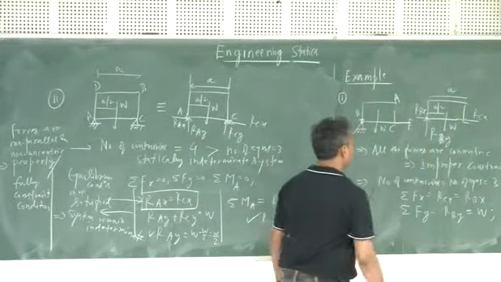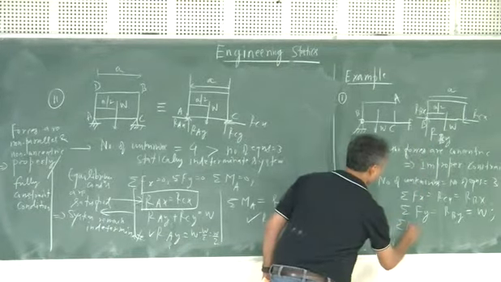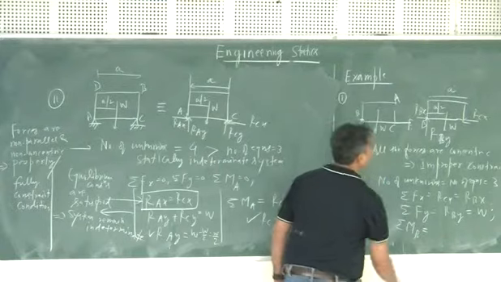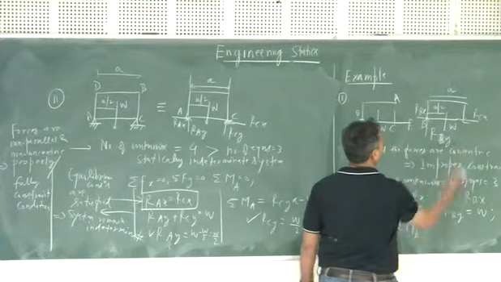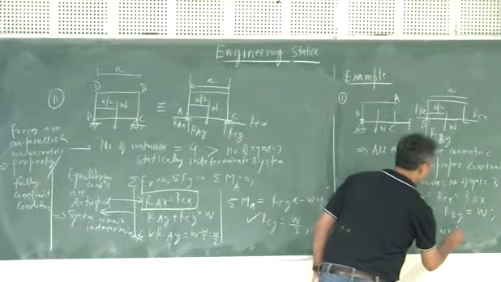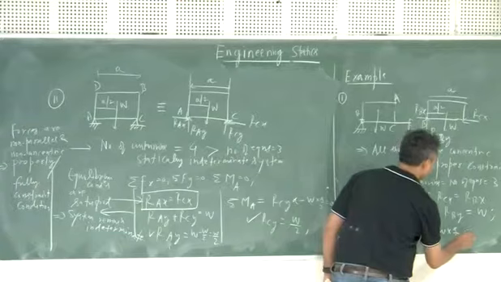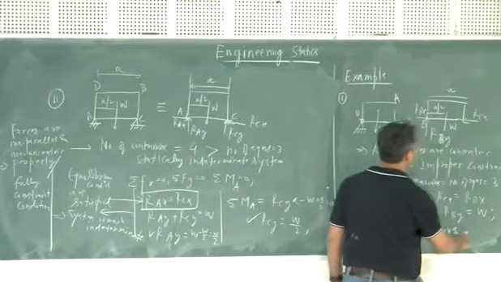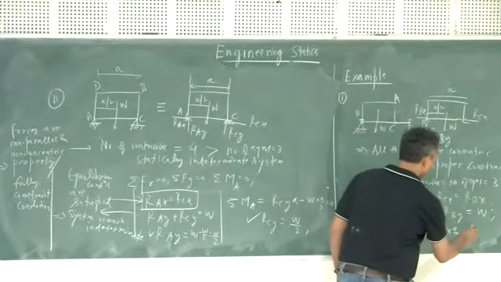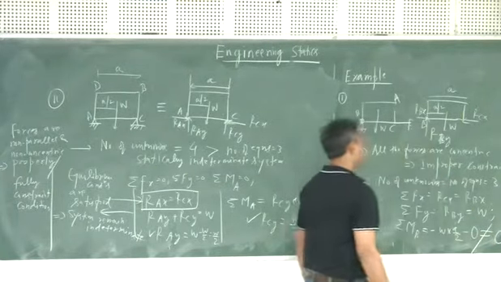So RBY is known. Now if you take moment about B, so what will happen? W, but there will not be any reaction force which will, not this one.